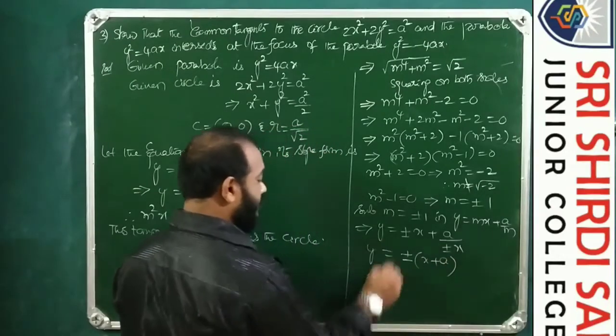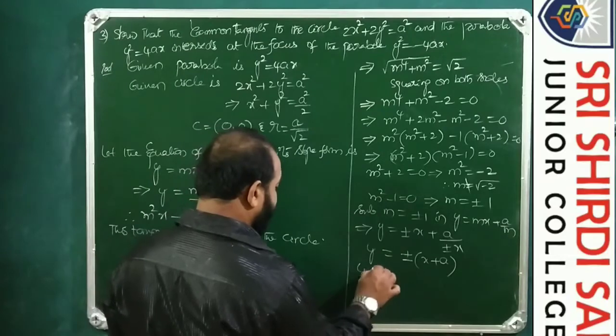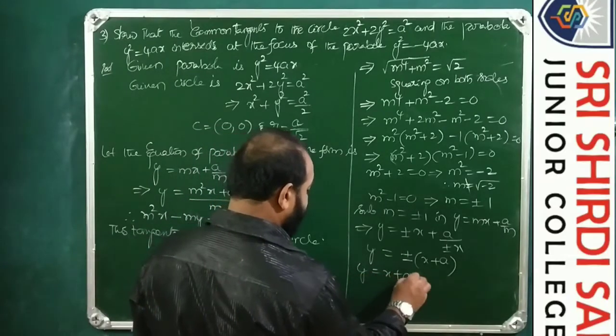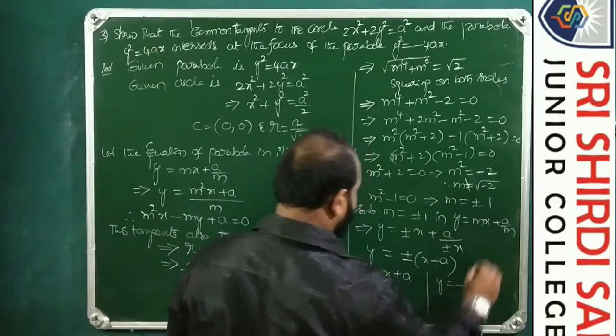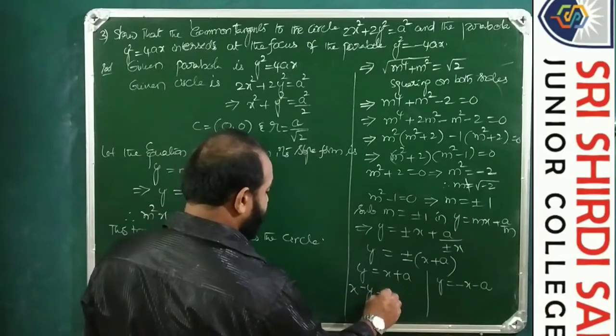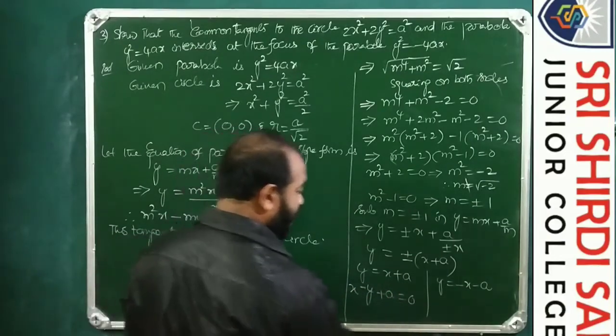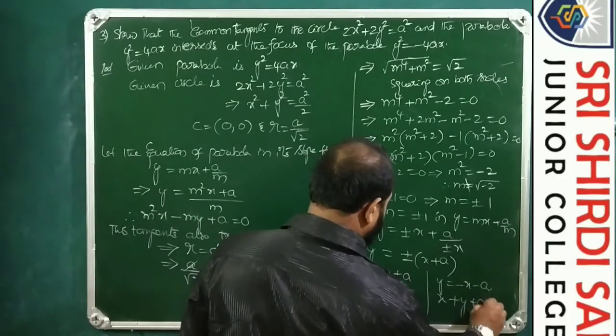So what are the two equations that we are getting? y is equal to x plus a and y is equal to minus x minus a. So this is x minus y plus a equals 0. This is x plus y plus a equals 0.